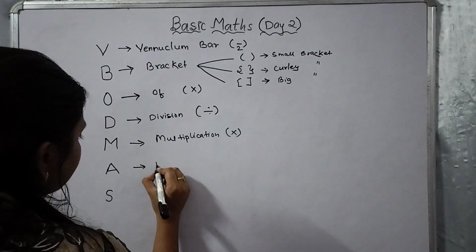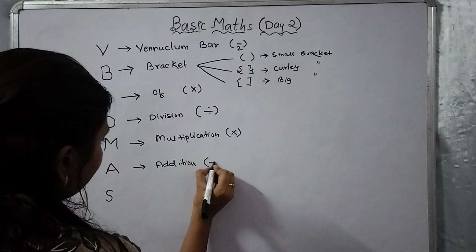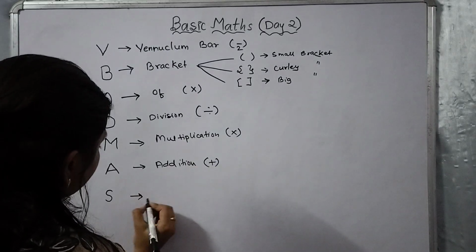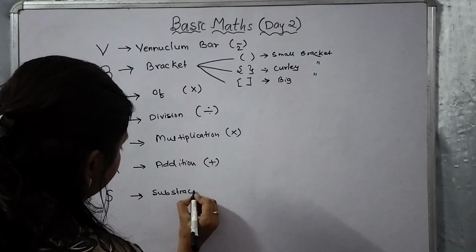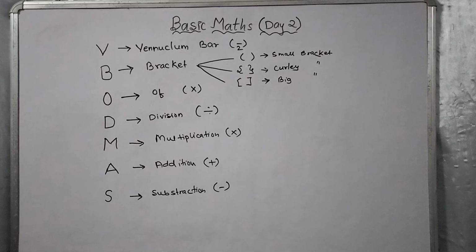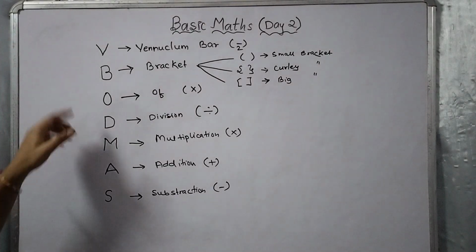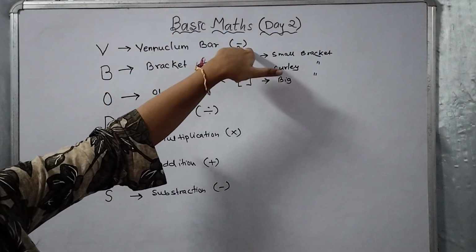Then this is addition. And then at the end we will subtract. So subtraction comes at the end.